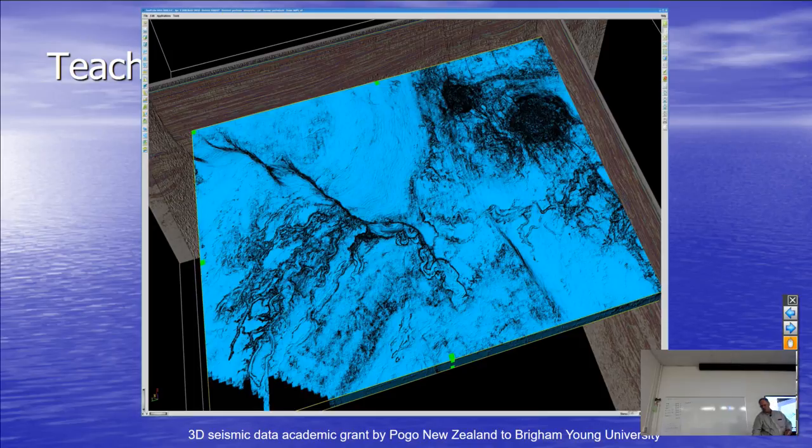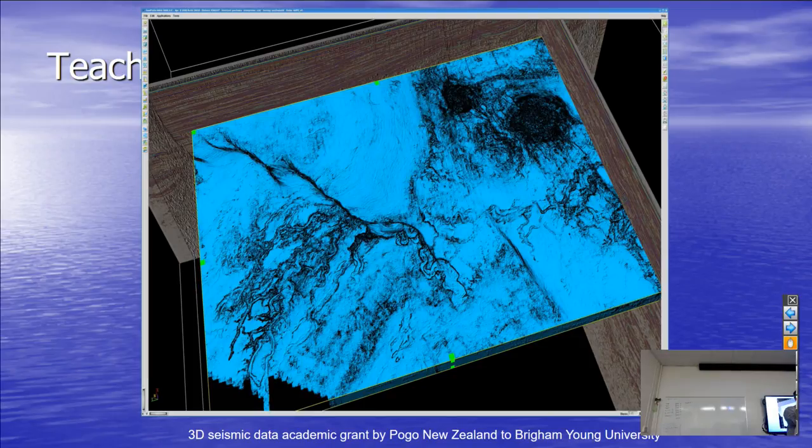When we first started interpreting 3D seismic data, they would actually print these out on Mylar, sheet of clear plastic, put it on a light table. Have you guys used a light table? See, there's a few kicking around the department still. Light shines up through the bottom. You put a piece of clear paper over the top, and you would trace where you saw something at, say, 1,000 milliseconds.